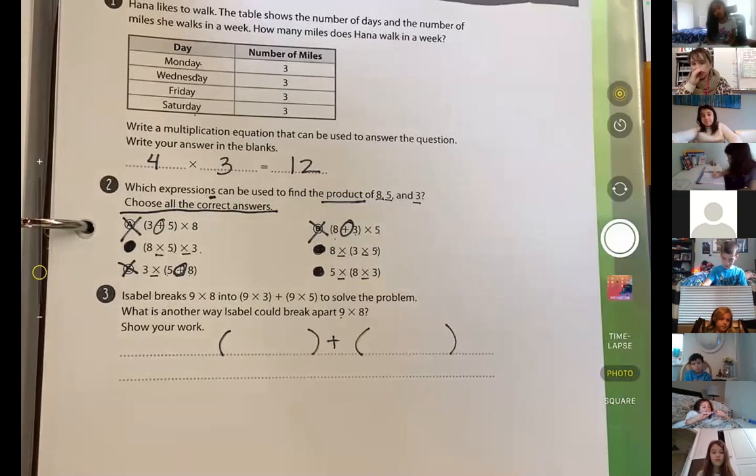Okay, I see some of you sharing it with me in the chat. If you want to do that, that works. If you have an answer you're ready to share, you can put it in the chat.